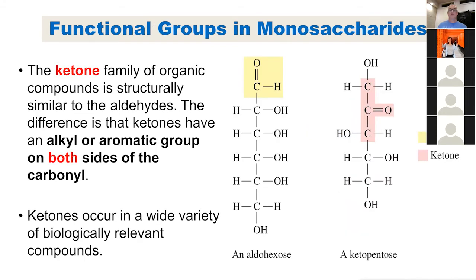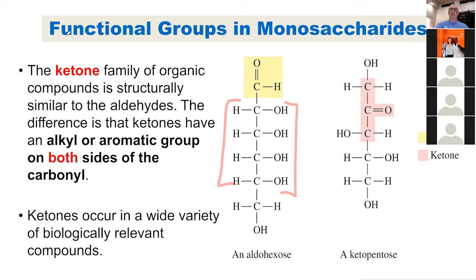So these are the Fischer projections I was telling you about. They look like they're flat, but all of these hydroxyls are coming out towards us, and all these hydrogens on the other side are coming out at us.